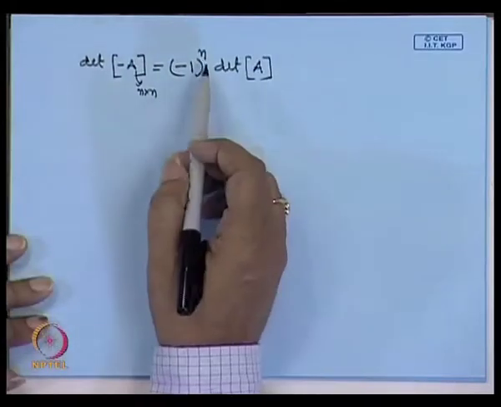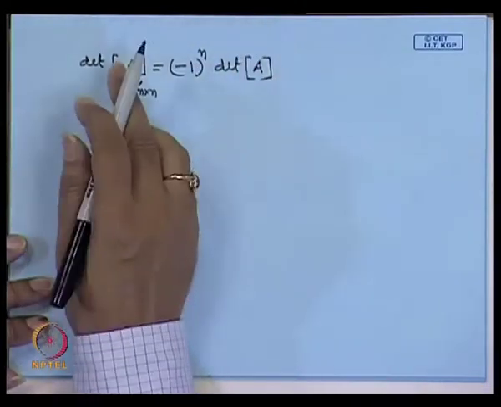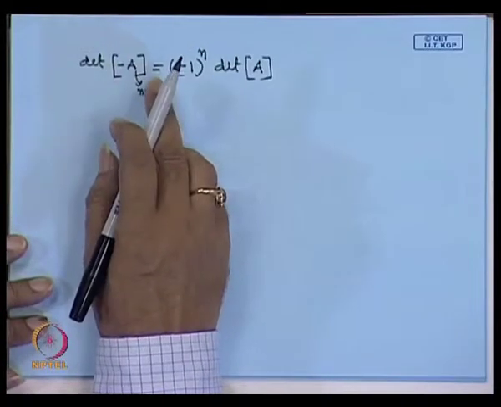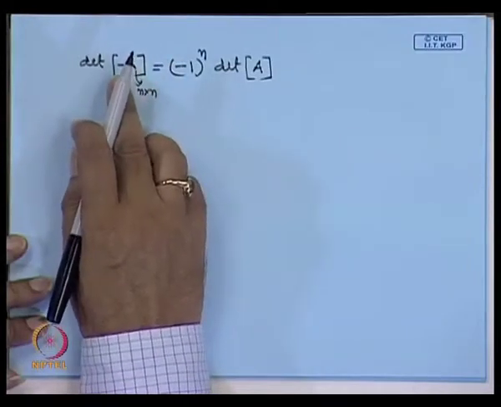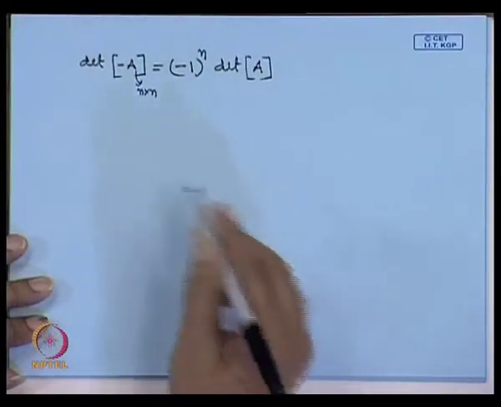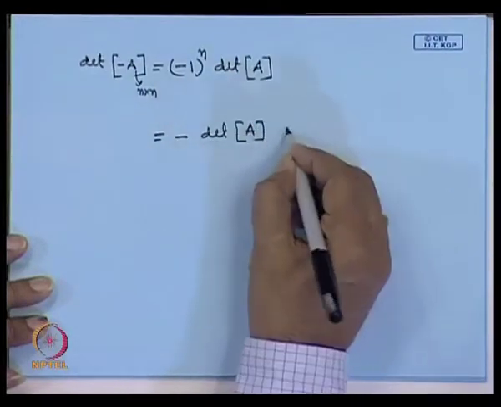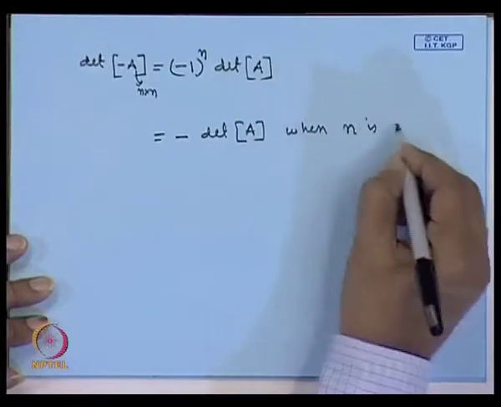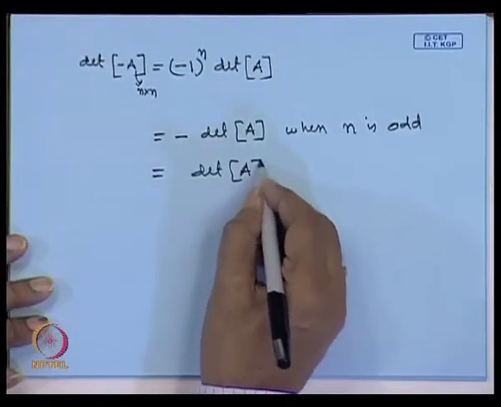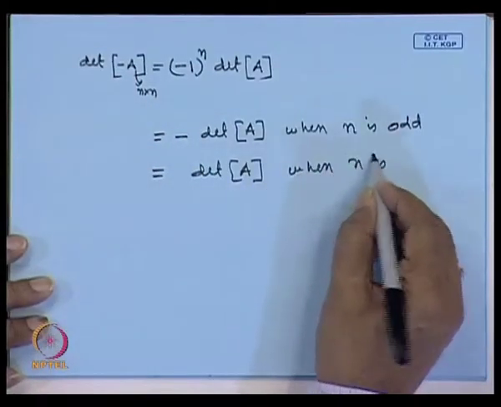So, when n is odd, the determinant of the odd order matrix with negative sign is equal to minus determinant of A. And determinant of minus A is equal to determinant of A when n is even.